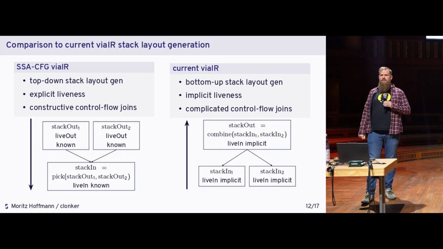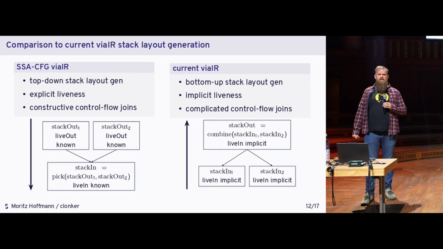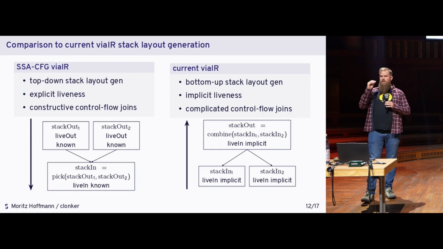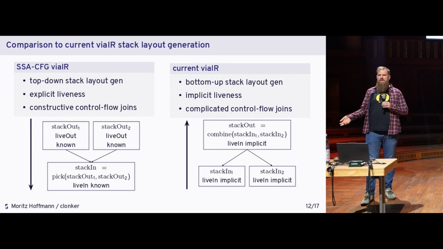We base this on explicit liveness analysis. Liveness analysis tells us at which point of the program which variable is live or needs to live on, and which variables I can forget about. This is crucial information for stack layouts, right? Because I need to prune stuff away.